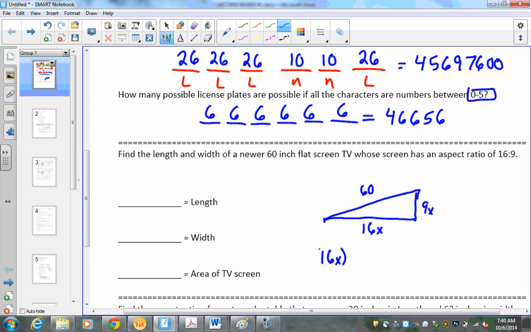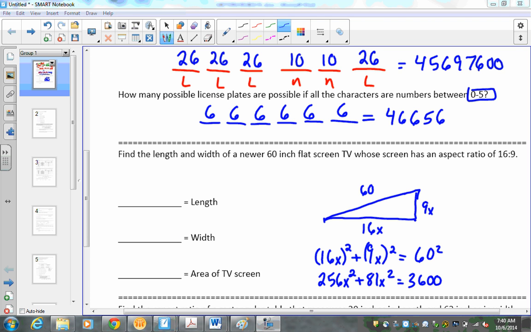16x squared plus 9x squared is equal to 60 squared. The next step will look like this. And of course, we're going to combine like terms. When we combine like terms, and I'm running out of room here, got to write it up here, sorry.